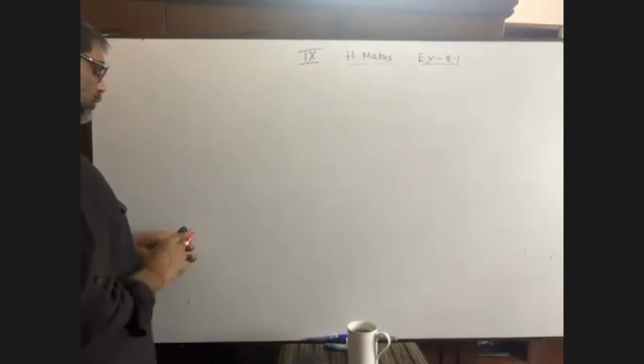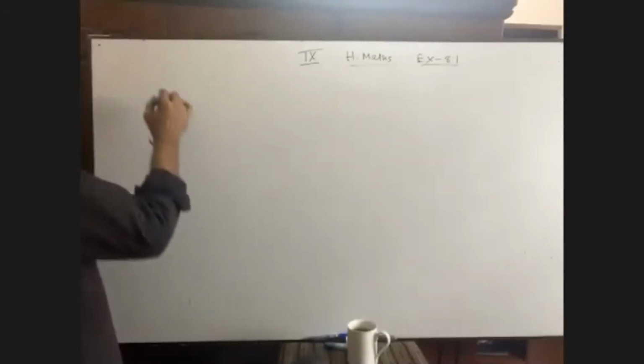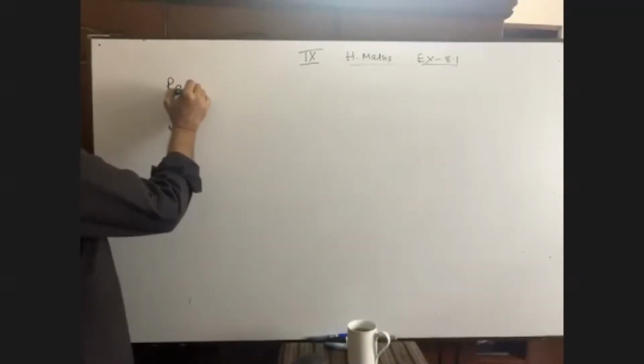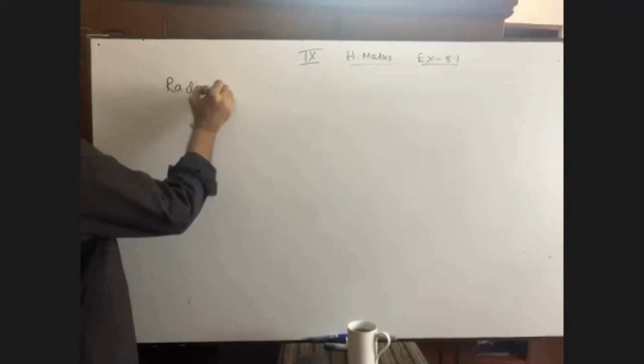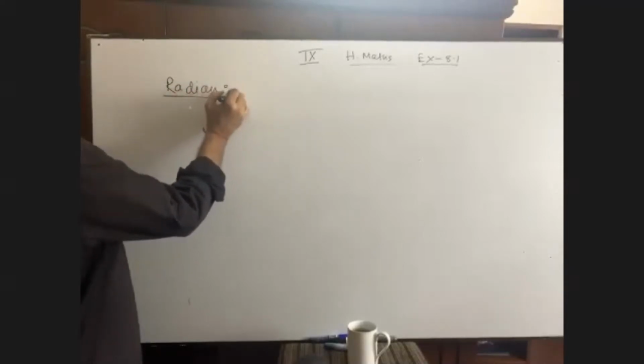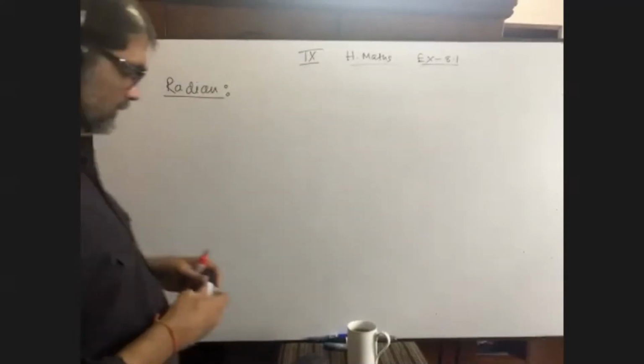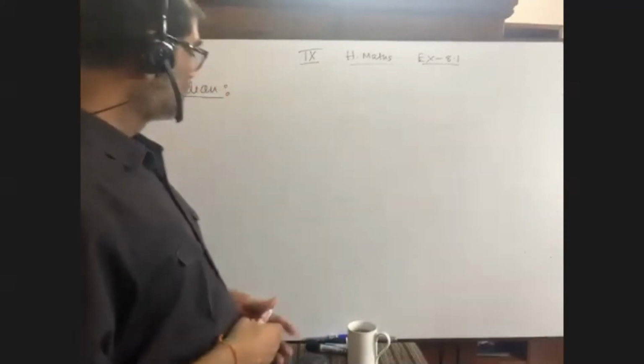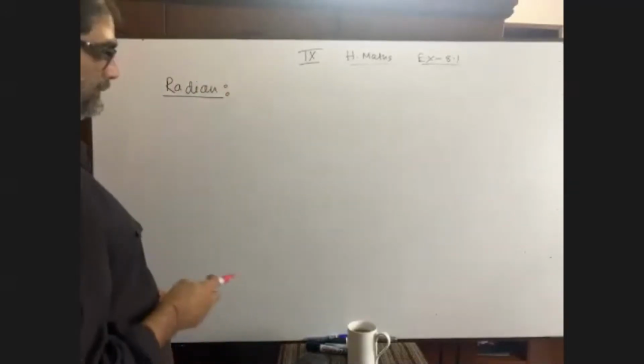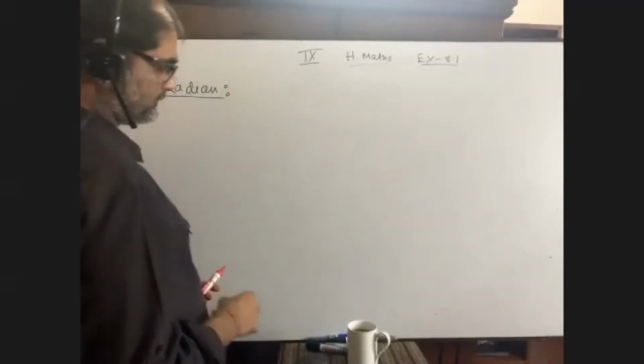At first, you have to know what is radian. Write down radian. The definition of radian, not radium. It is radian. What is the definition of radian? Who can tell me? Write down.